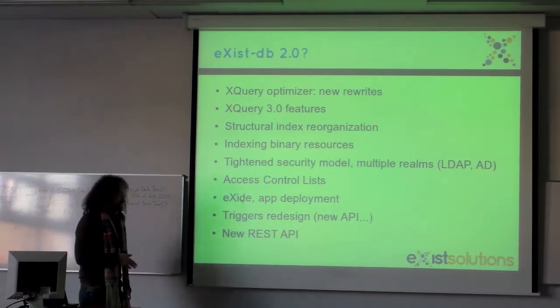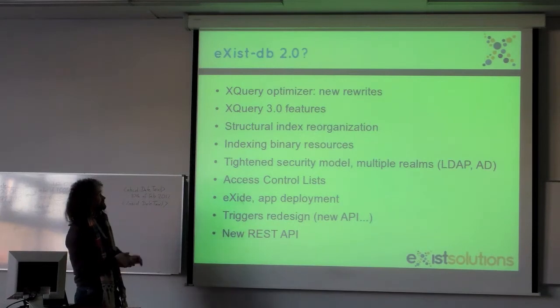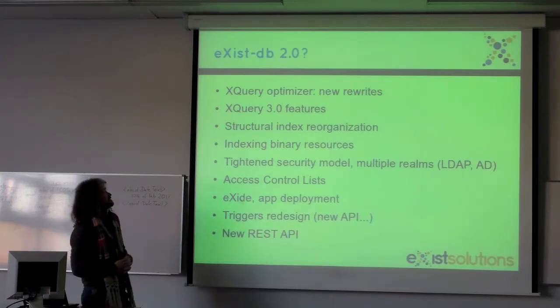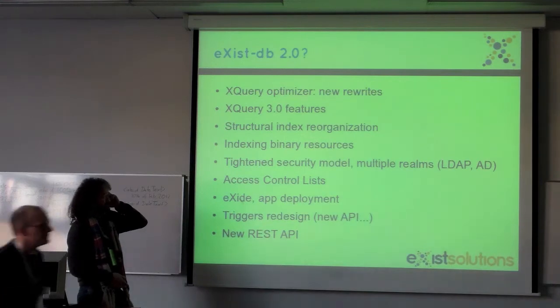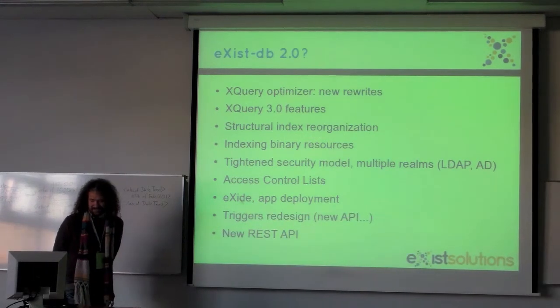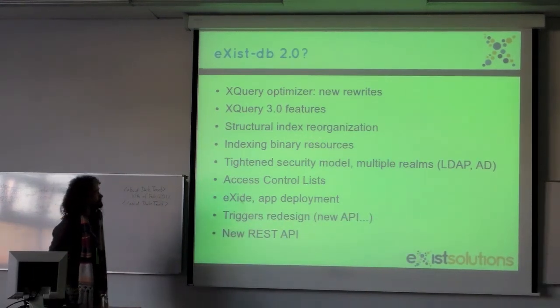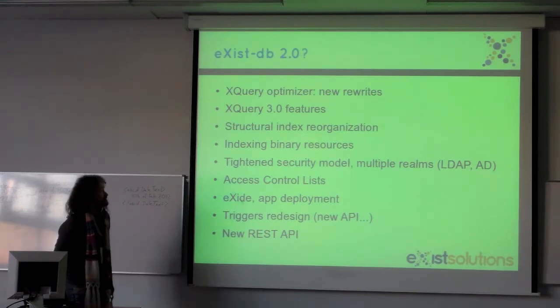But anyway, if we today had the next eXist version, the next stable version, what would be the things which have been changed? First of all, there have been lots of little optimizations in the XQuery engine itself. I added quite a few more rewrites, about which we can talk in a minute.